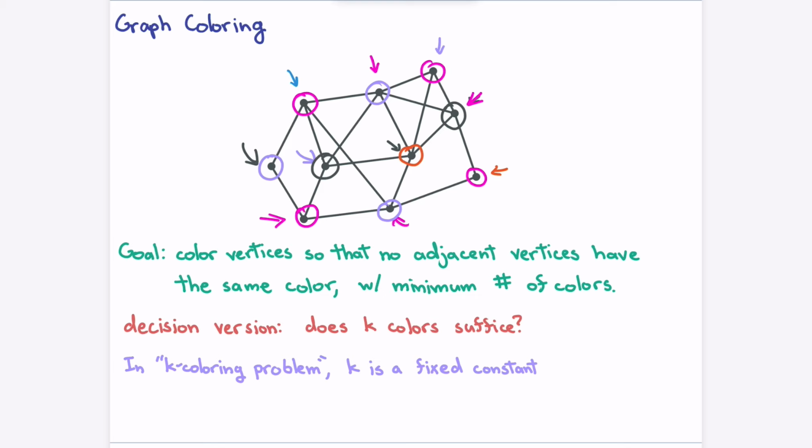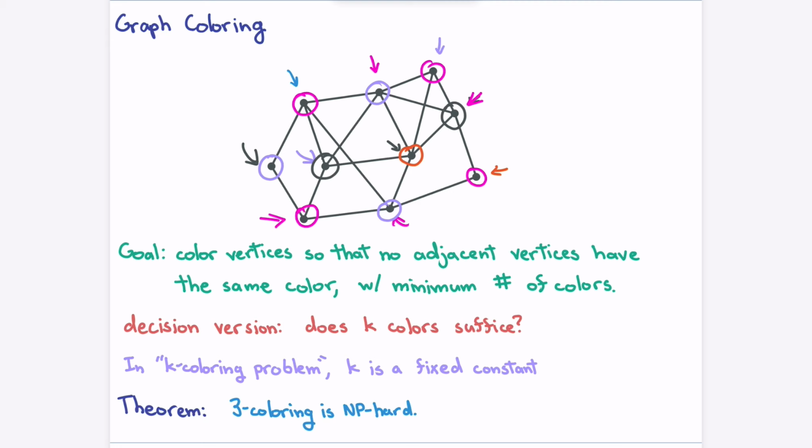When K is part of the name like this, and K is a fixed constant, like n to the K, the running time counts as a polynomial. If K is part of the input, that's not a polynomial because you only need log n bits to express K. Okay, so again, no surprises today.